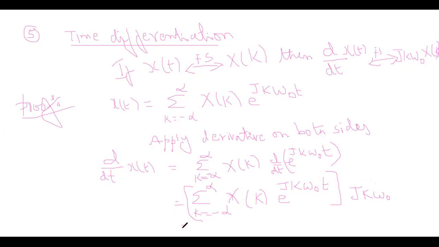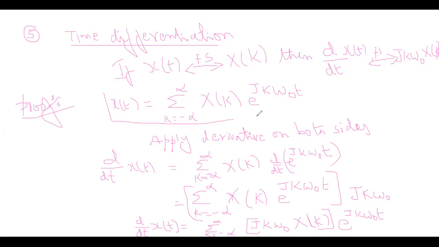I'm rewriting this as the sum of k equal to minus infinity to infinity of jkω₀ X[k], taken as a single term, multiplied with e^(jkω₀t). This equals, on the left-hand side, d/dt of x(t). What is this equation saying?